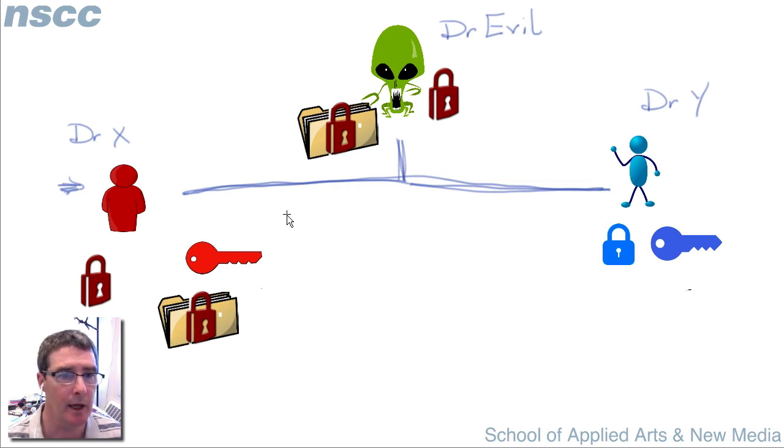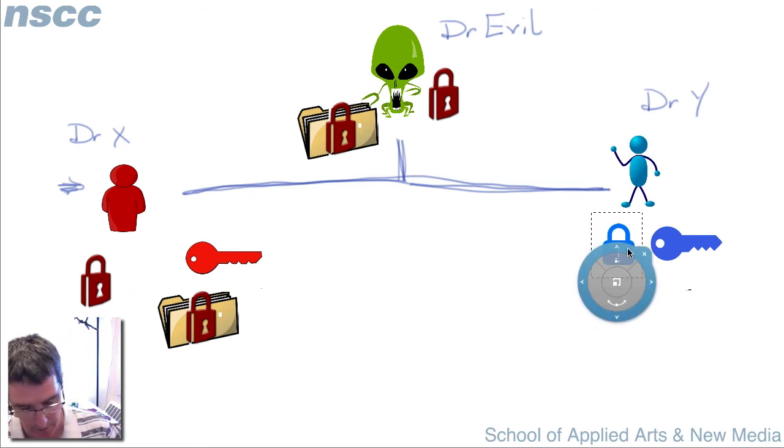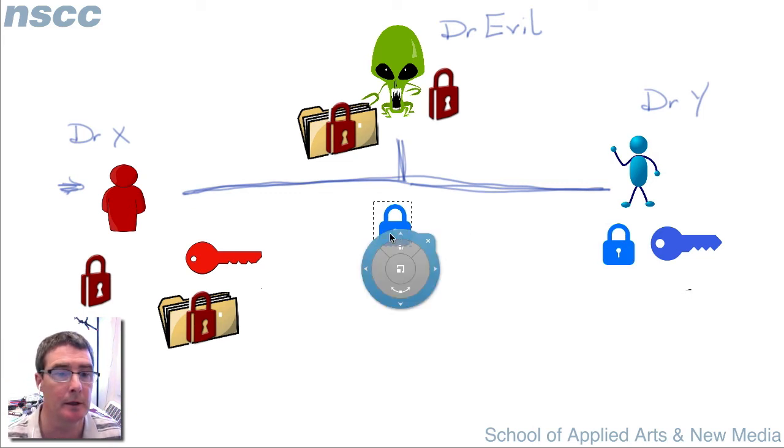Now the same thing happens if Dr. Y wants to receive information from other people. The public key is distributed to anyone on the internet.